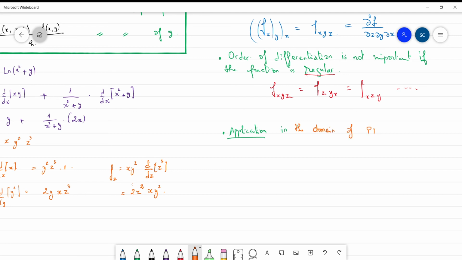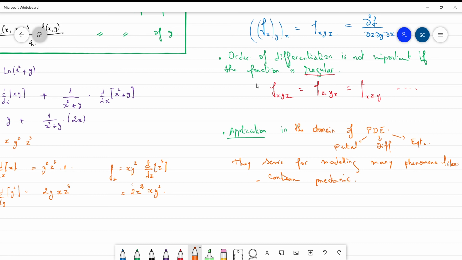They serve for modeling, for example, equations in continuum mechanics, modeling many phenomena like continuum mechanics.